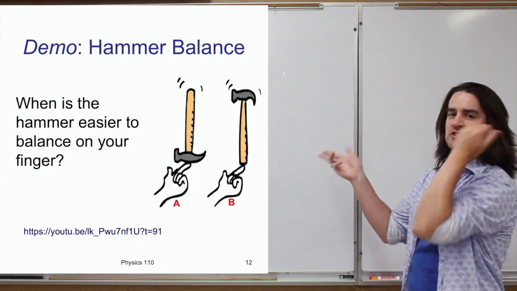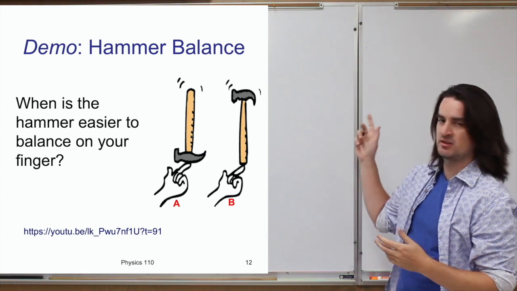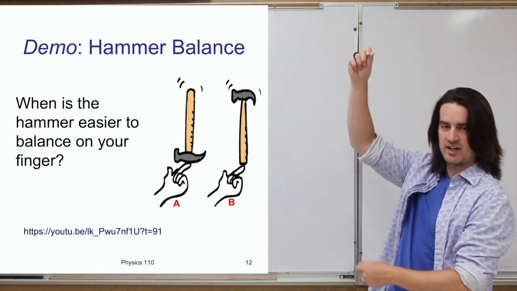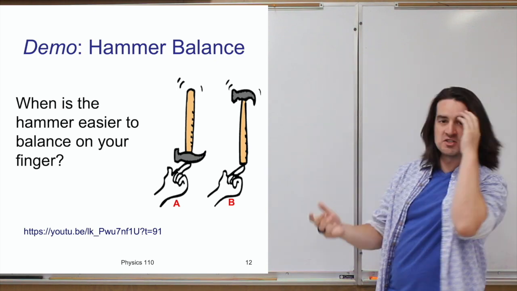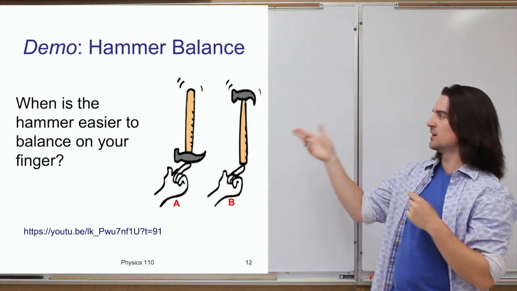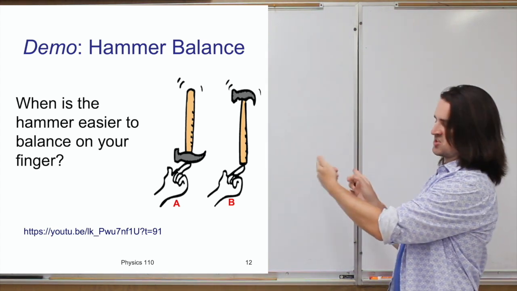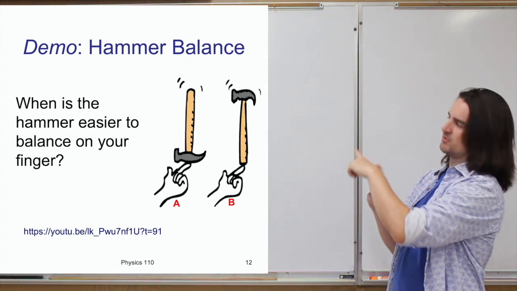So which of these situations is easier to balance? Oddly enough, it's going to be situation B, when the heavy part of the hammer is away from you. The reason being is that it's the same amount of mass, and they're both rotating around an axis along the tip of your finger.